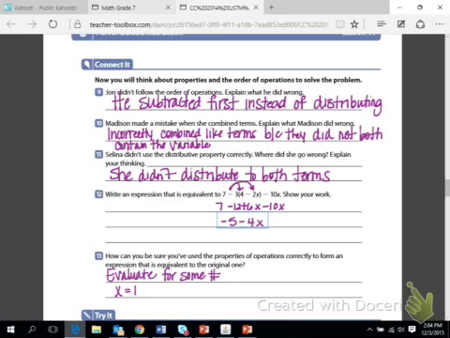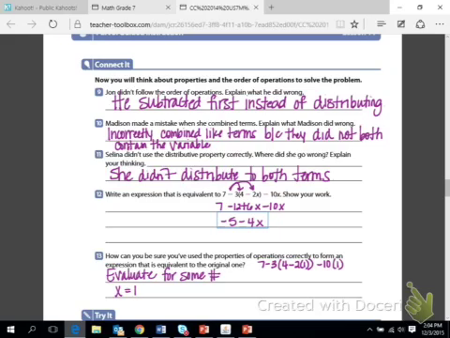When I evaluate both expressions, I should come up with the same number. So 7 minus 3 times 4 minus 2 times 1, because I'm substituting in 1 for x, minus 10 times 1 will give me a number. So I'll need to follow my order of operations.